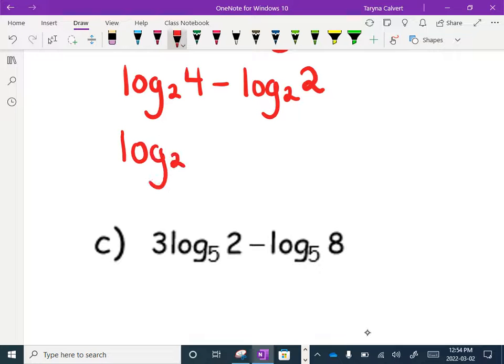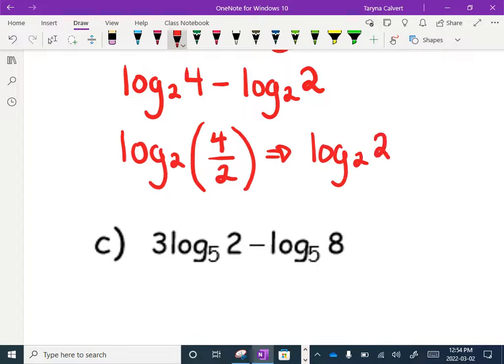So log base 2. So subtraction means divide. So then I have log base 2 of 2. There's the single logarithm, which now I can evaluate to a 1. Because 2 to the exponent of what gives me 2? 1.